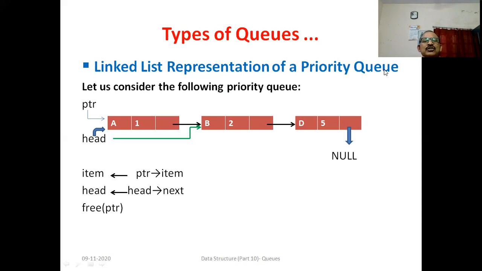We set head equal to head next. In the picture you can see now head is pointing to the second element in the priority queue, and we simply remove the PTR. Now you are able to write a complete algorithm for deletion of an item in a priority queue. I have left this portion for you.